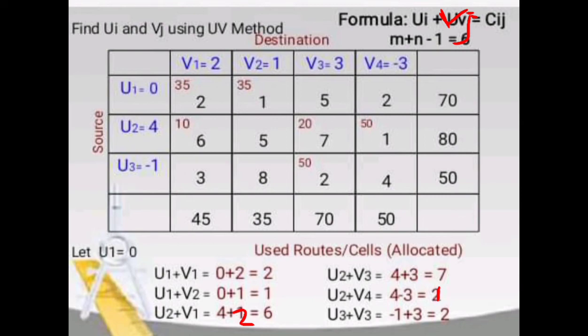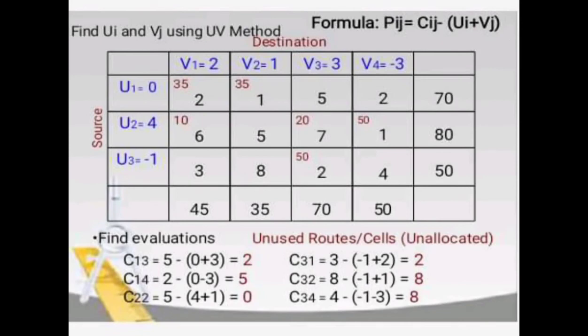We add a number which is negative 1 to make it 2. So we have here negative 1 plus 2. These are the used root cells, or the allocated cells.